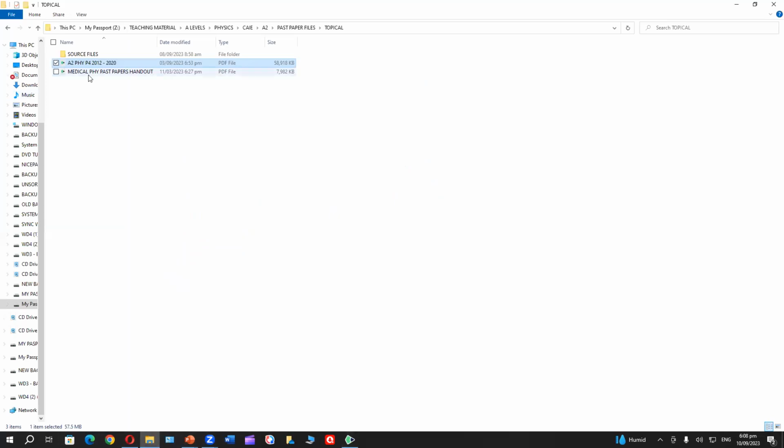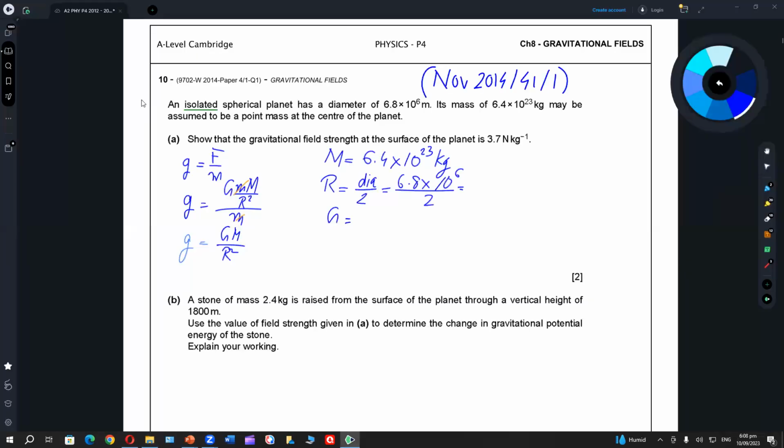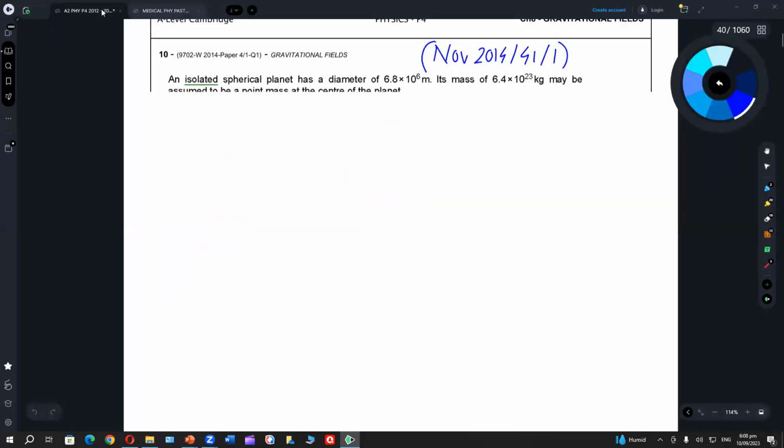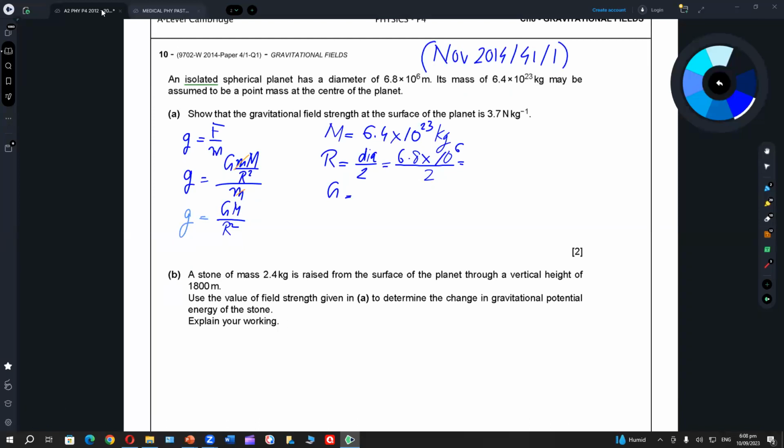Get all these values and put all these values.